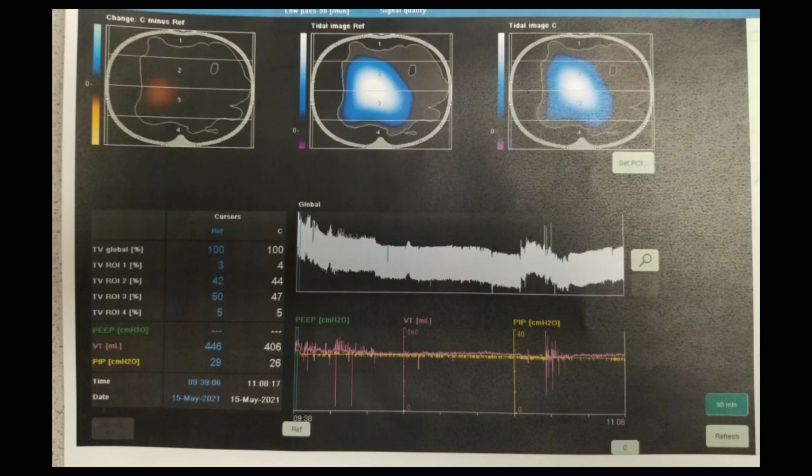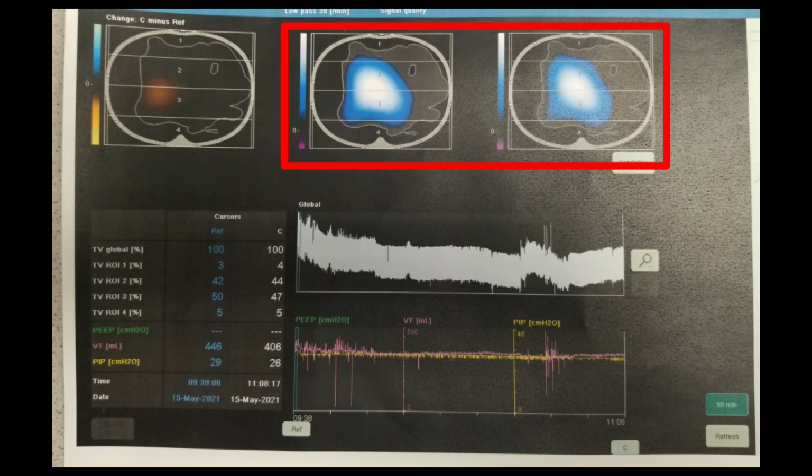Here again, we're back to the end inspiratory lung impedance trends, so the end inspiratory trend. We're looking at the previous P high of 30 that was at 9:40, and now we're looking roughly an hour and a half later at 11:08, a P high of 26.